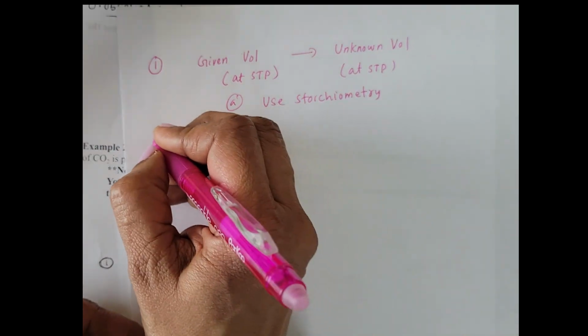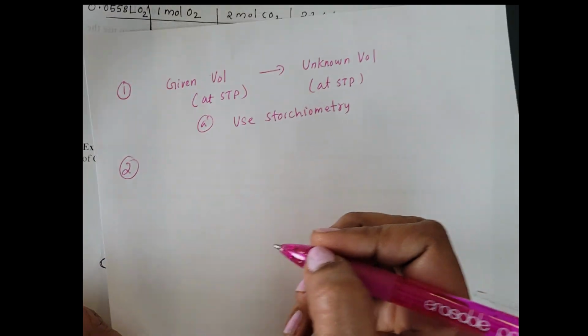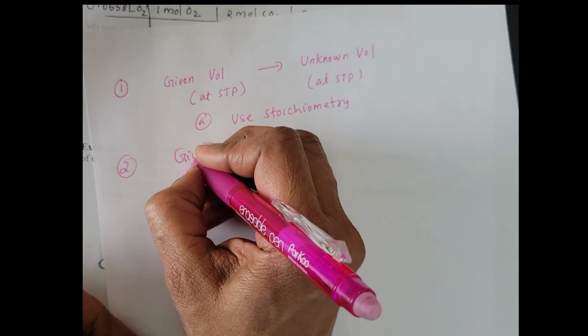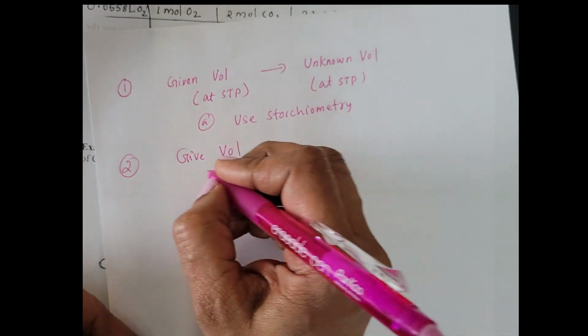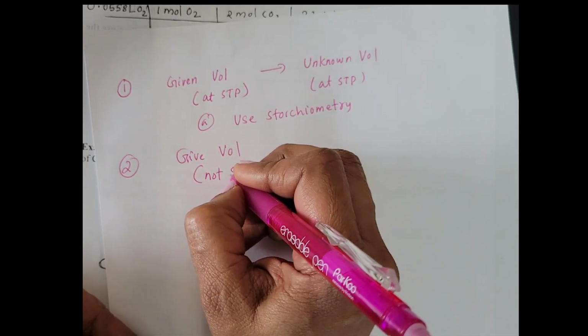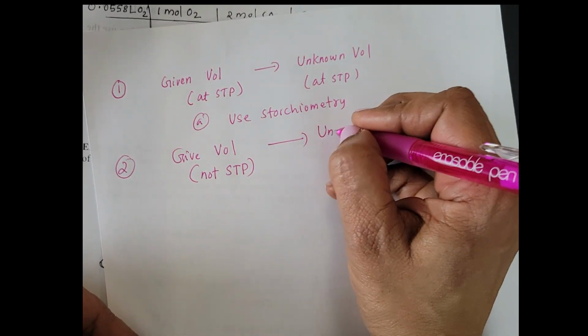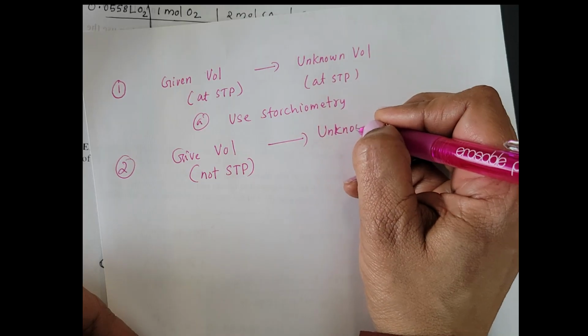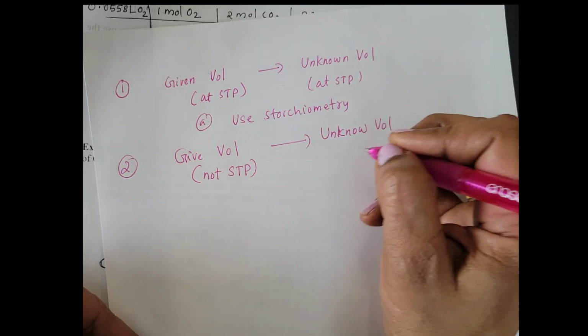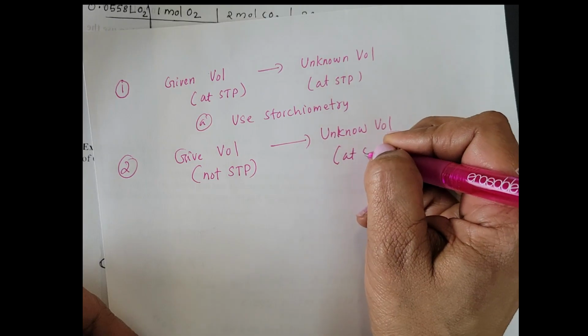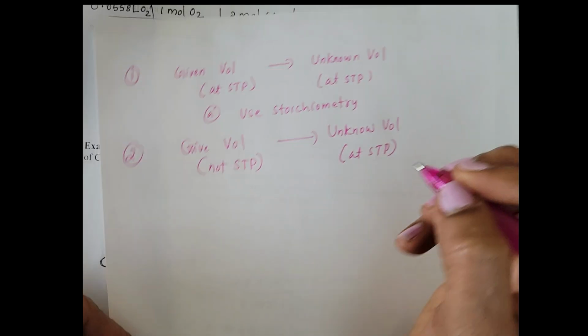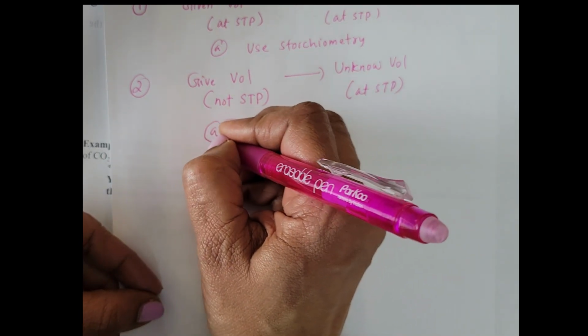Then the second type of question, that's the one we just did. The given is volume but not at STP condition, but the unknown is volume at STP. So for this type of question, there will be 2 steps.